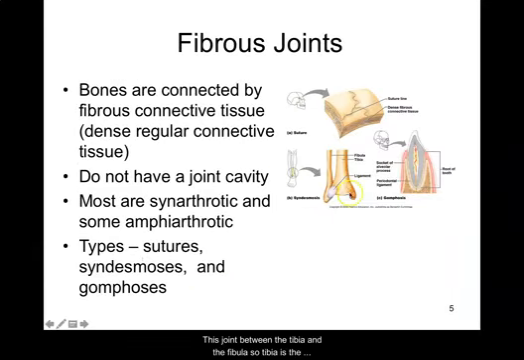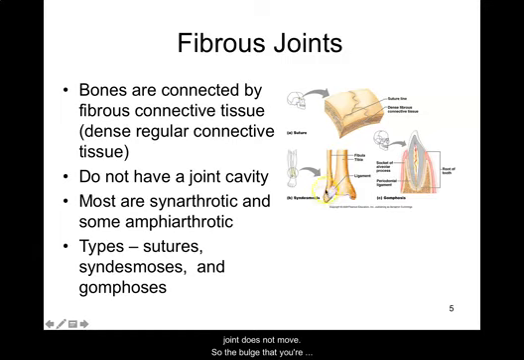here, this joint between the tibia and the fibula, so tibia is the big bone at your ankle or lower leg really, and the fibula is the small bone on the lateral side of your lower leg. This joint here, not the ankle, but this joint between the tibia and the fibula is connected by a small strip of dense regular connective tissue, and this joint does not move.